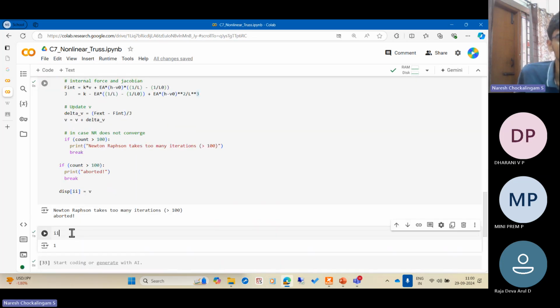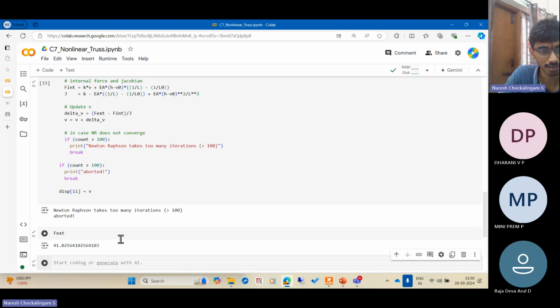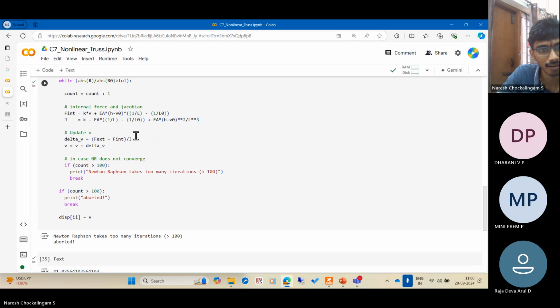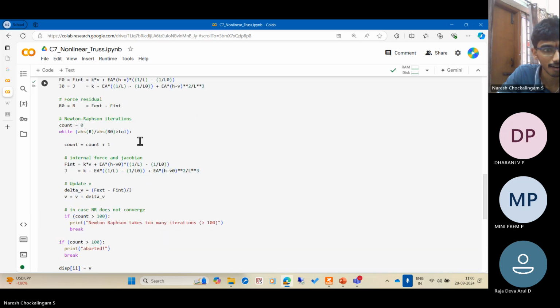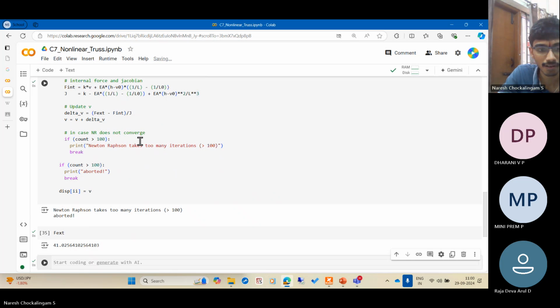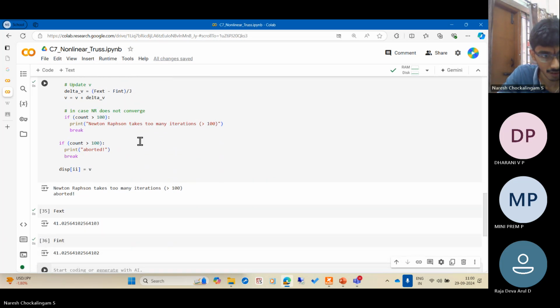So let us print all these things and check what is F external. F external is 41. That's okay. And F internal is 41. So why did it not converge?